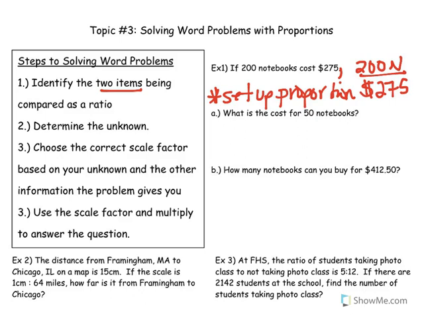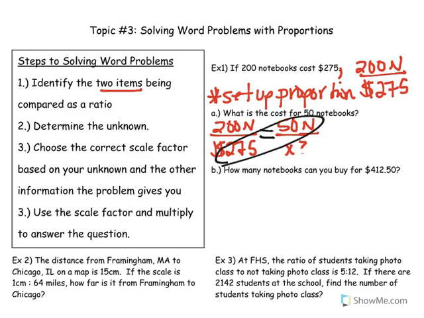So if I know for a fact that 200 notebooks costs $275, the cost per notebook hasn't changed. So I can say 50 notebooks costs how many dollars? And we have to figure that out. Okay? But since the cost per notebook didn't change, I know that these two ratios have to be equal. And we can solve this using the cross product.